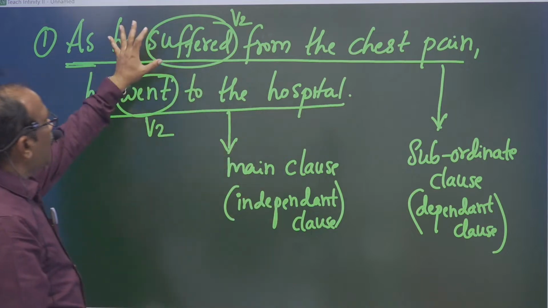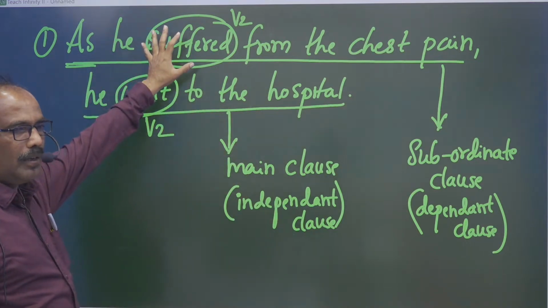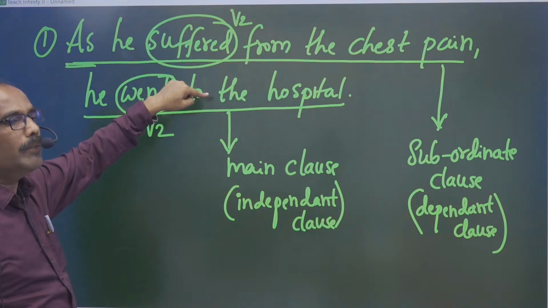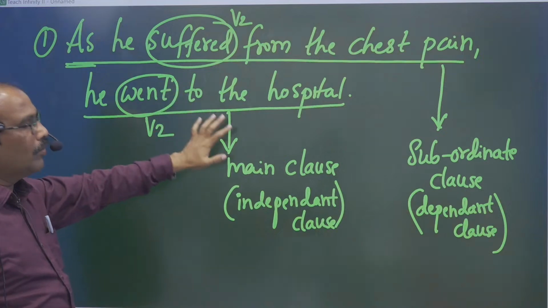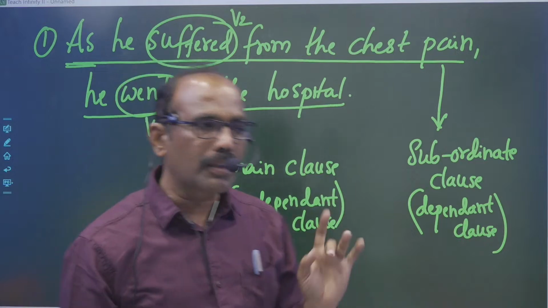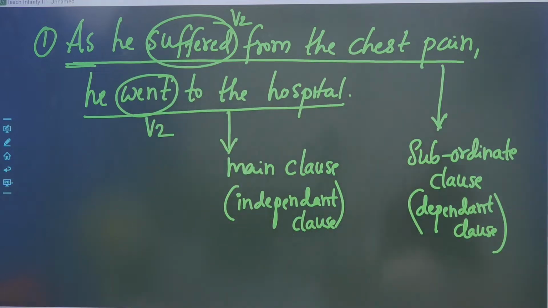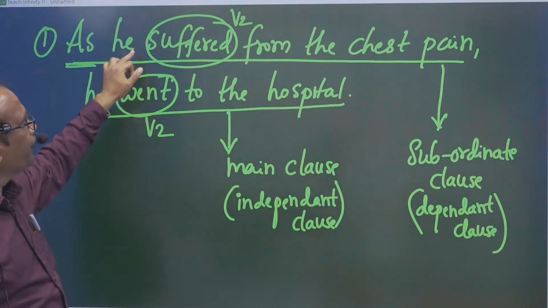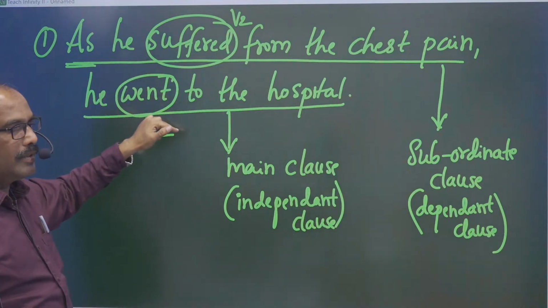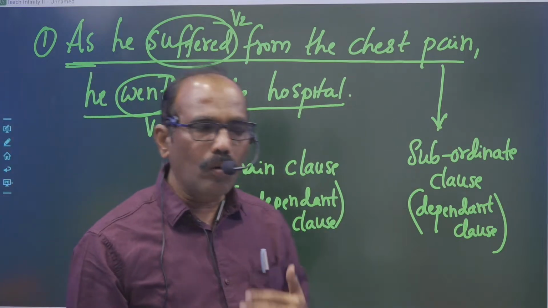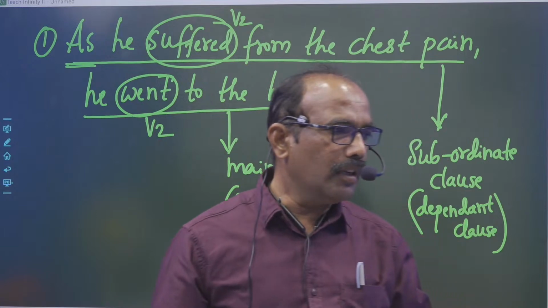It means as he suffered from the chest pain, this particular clause depends on this particular clause to have the meaning on its own. If we say, because he was suffering from chest pain, he went to the hospital, the meaning is complete. So that's why this is a subordinate clause and this is the main clause. The clause which gives the complete meaning on its own is called the main clause.